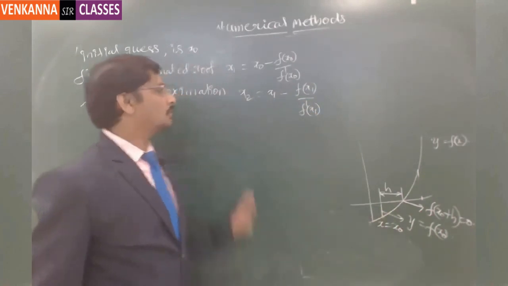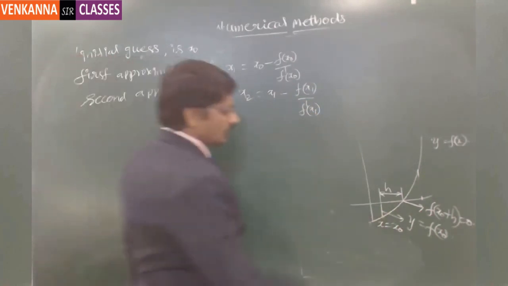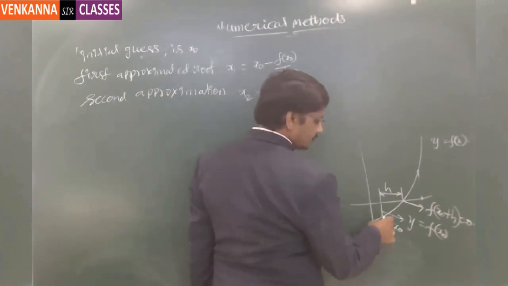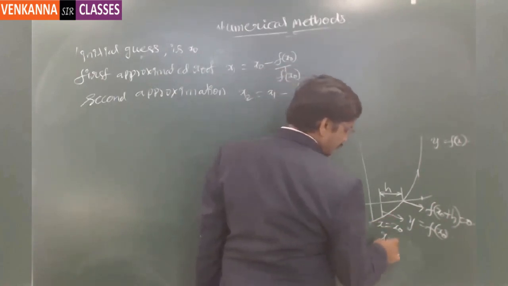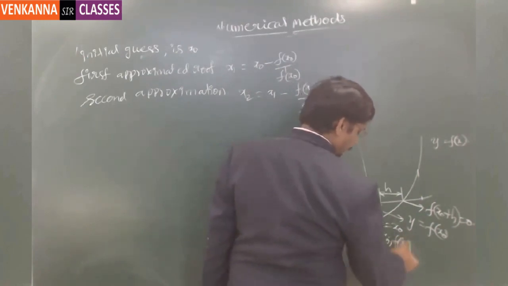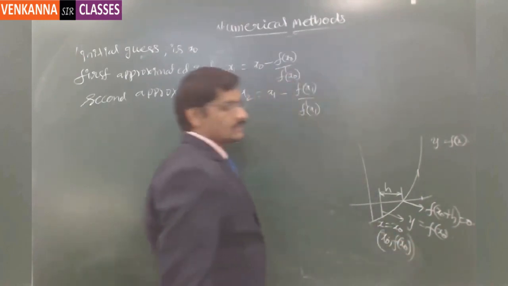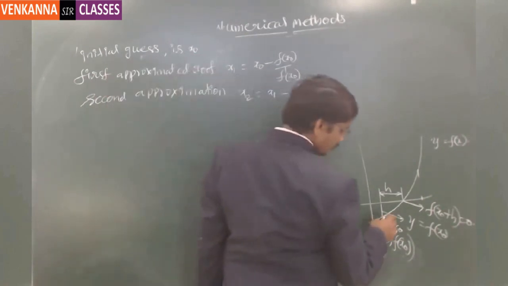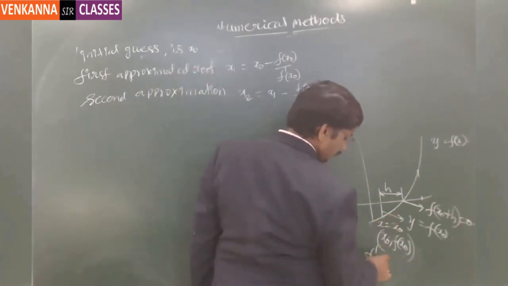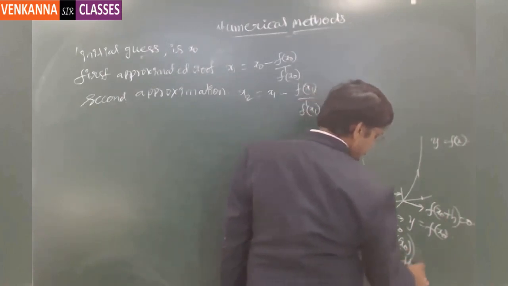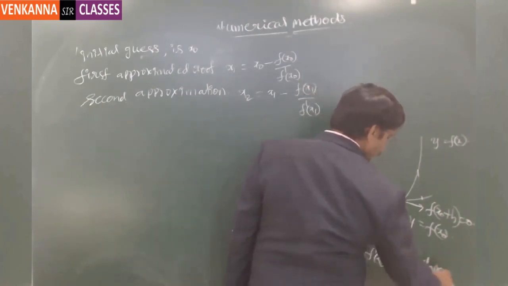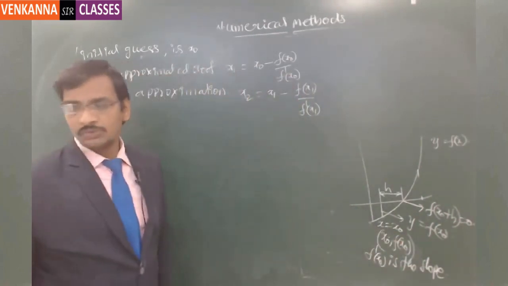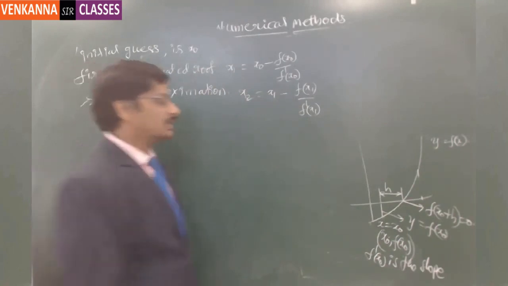Now here, if you notice, let us say I have considered the point x is equal to x naught, and the coordinates of this location are x naught comma f of x naught. Let the slope at this point be f dash of x naught. With this slope, if a straight line passes through this particular point, then that straight line is nothing but the tangent.